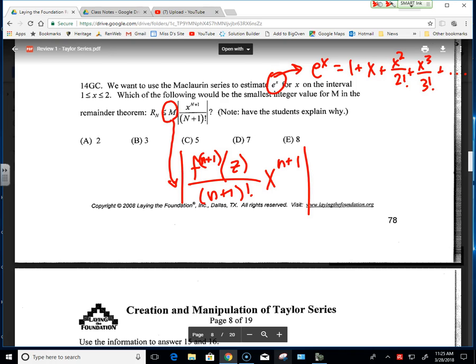They wrote him there, and they pulled this guy out. You see it? Because that's not a derivative. That's just x to the n plus 1. That's just the x component, the degree, right? So m has something to do with the n plus first derivative. If this is Lagrange, that makes sense why we're not looking at 0, because then we just go ahead and solve it. So they're asking for the smallest integer value for m in the remainder theorem, the n plus first derivative. Huh.